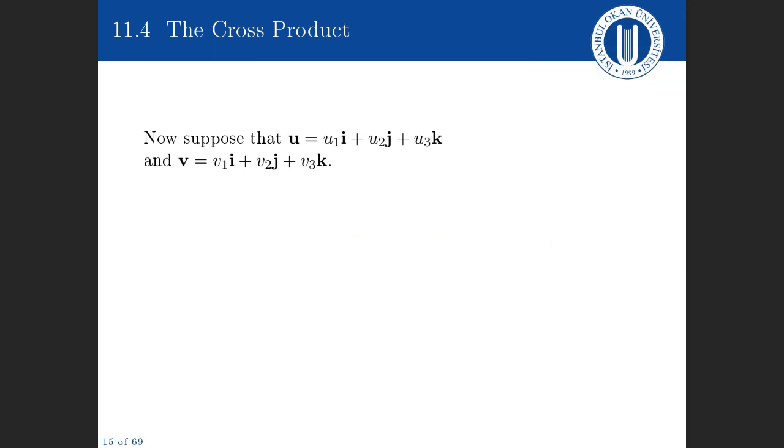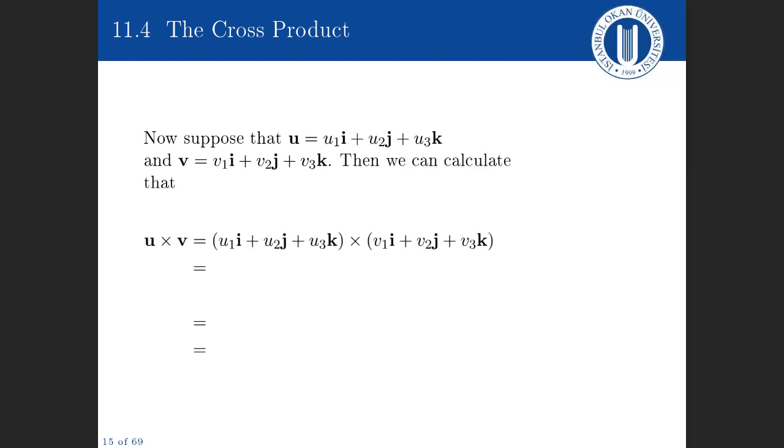Now let's suppose we take any vectors, u and v. I want to take the cross product of these two vectors. I have u1 i plus u2 j plus u3 k cross v1 i plus v2 j plus v3 k.